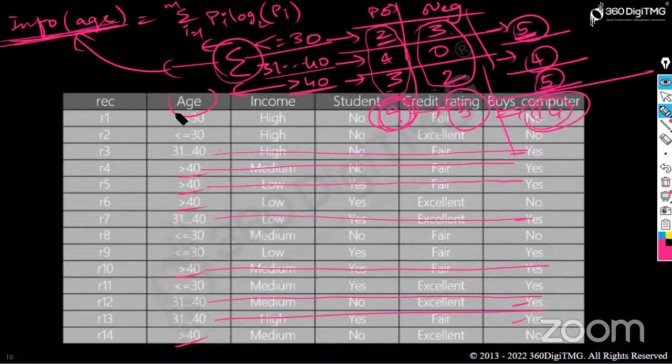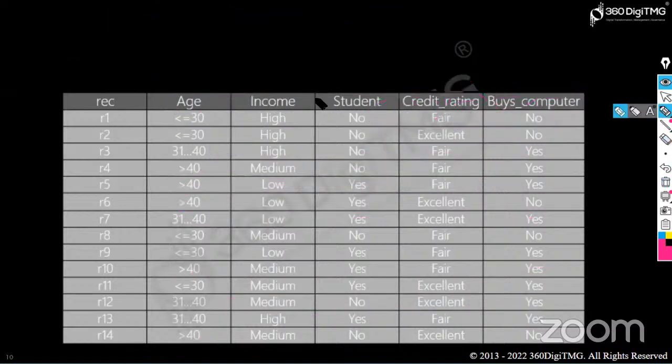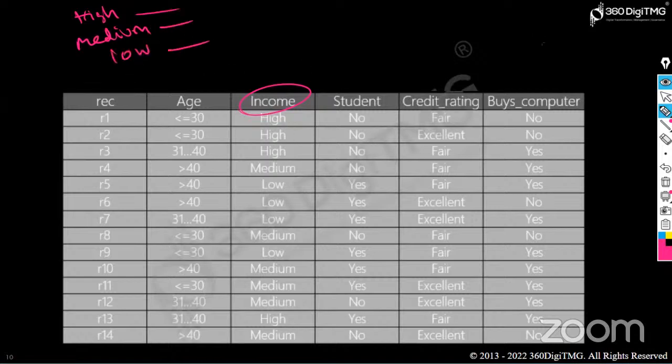So like this, we have calculated for age, and now we consider income. So how many are there? High, medium, and low. So out of 14, how many of them are high with respect to yes and no?